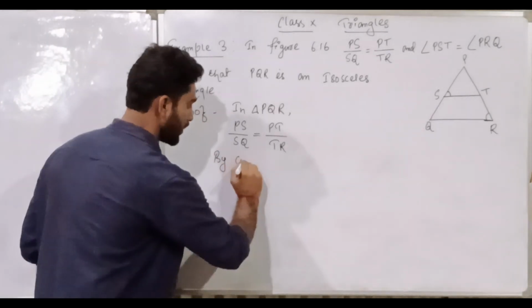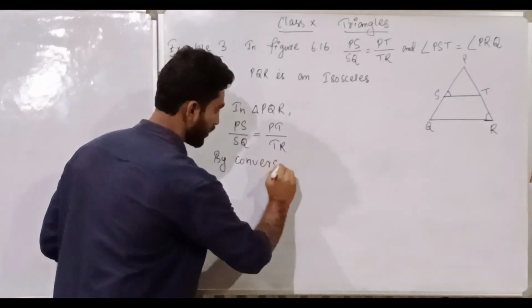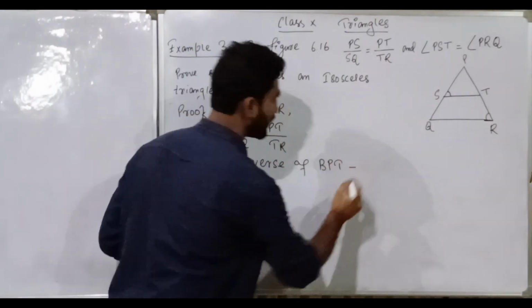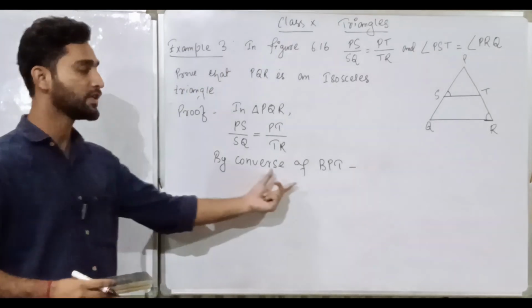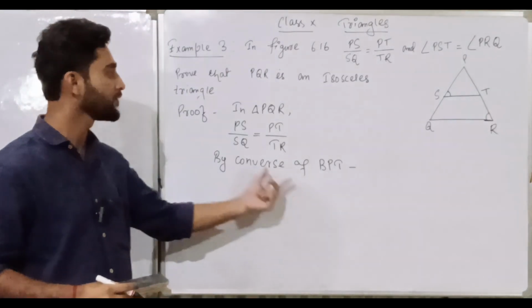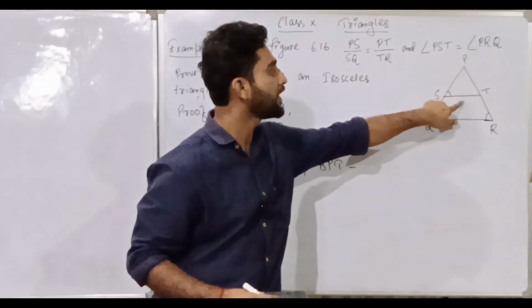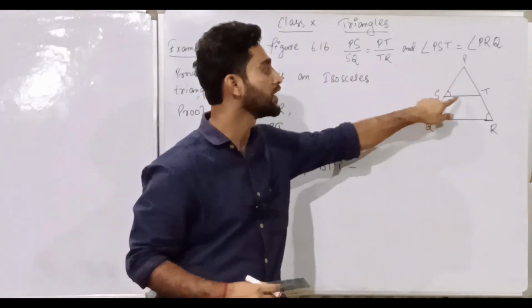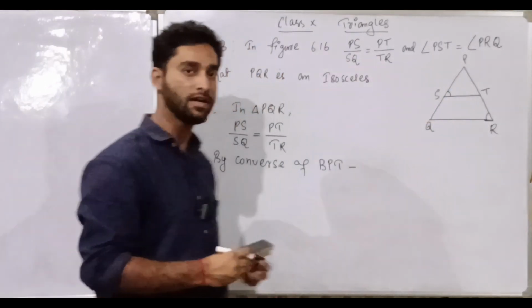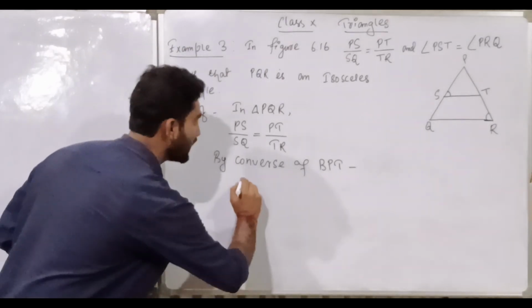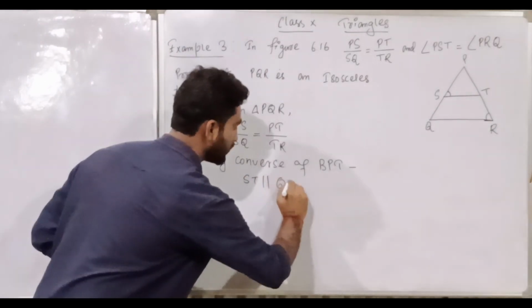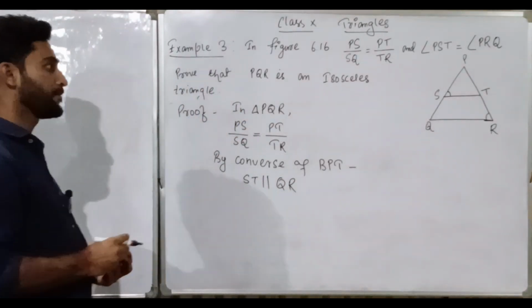By the converse of the basic proportionality theorem, if a line divides any two sides of a triangle in the same ratio, then this line must be parallel to the third side. So we can say ST is parallel to QR.